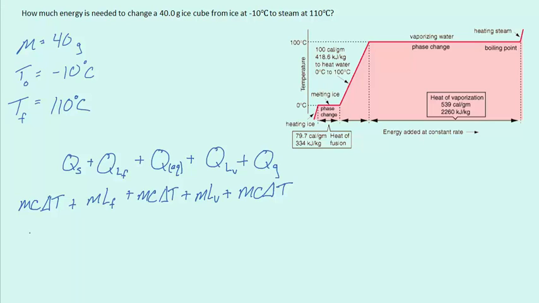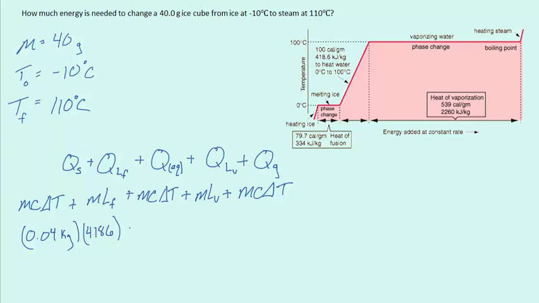We do so, and we see that our mass will be equal to 0.04 kilograms times our specific heat of water, which is 4,186, multiplied by our change in temperature.